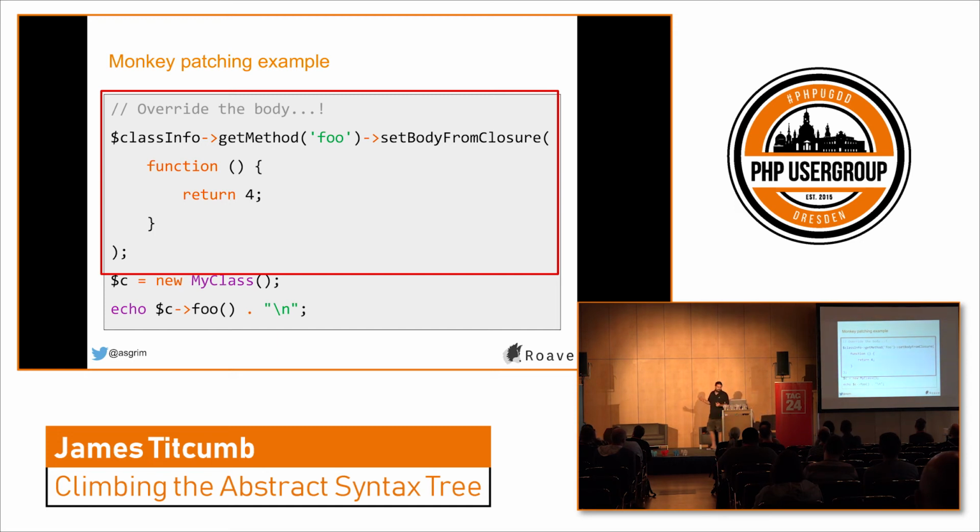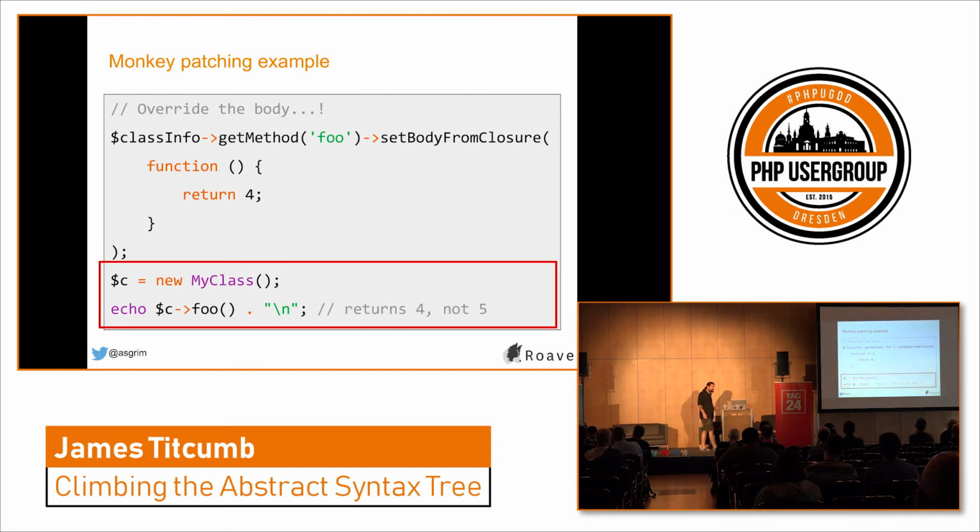And there also exist setBodyFromString, setBodyFromAst, and so on. It uses the PHP Parser AST nodes, funnily enough. And we can override the method content with our own method. In this case, 4. So then when we come and execute this, the autoloader kicks in, it loads our modified version of the code, and it returns 4 instead of 5. Not what you expected, and your tests will probably fail if you've written tests, which you have, right?